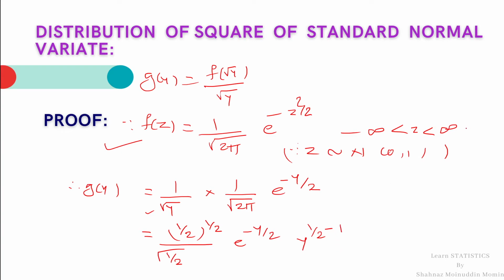Since z lies between minus infinity to infinity, y equal to z square lies between 0 to infinity, and root pi is gamma half, which we have learned already in the previous lectures. By carefully observing the PDF of y, it is shown that this is the PDF of chi-square distribution with parameter n equal to 1.